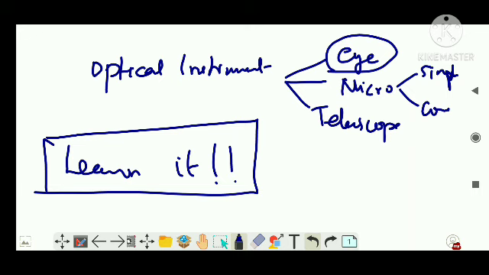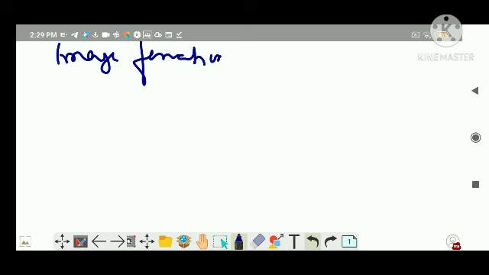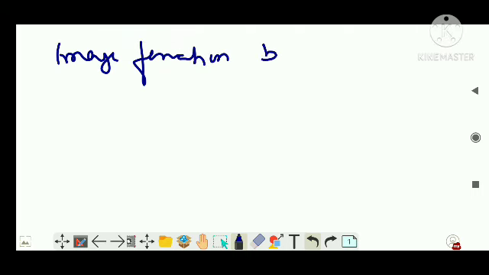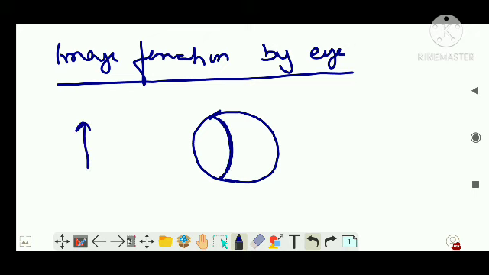Right, now what we are going to do is learn how an image is formed in the eye. Image formation by the eye. Simple. Suppose this is our eye, right? Let's take this as a box. I'm just making you guys understand. And this is the object.